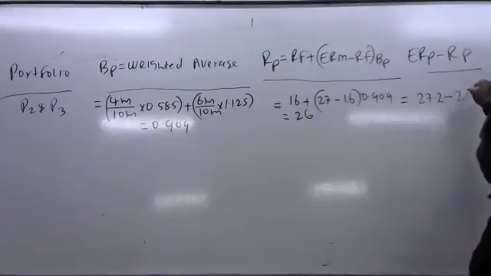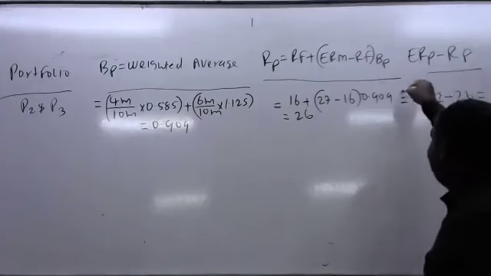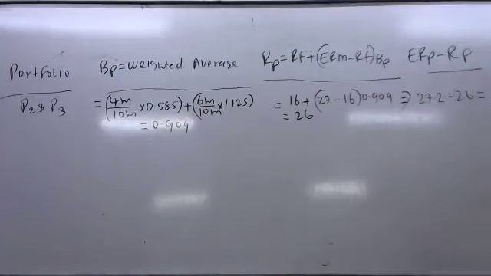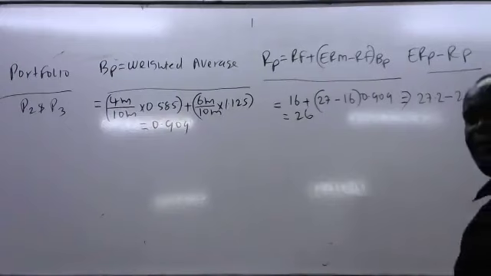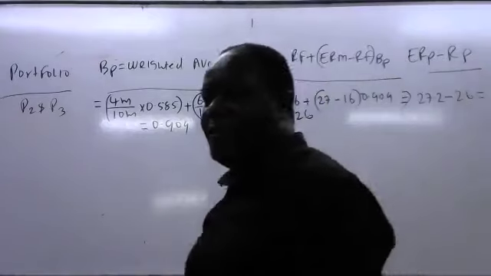So now minus 26. Get the value for that. So that is for the combination for projects 2 and 3.